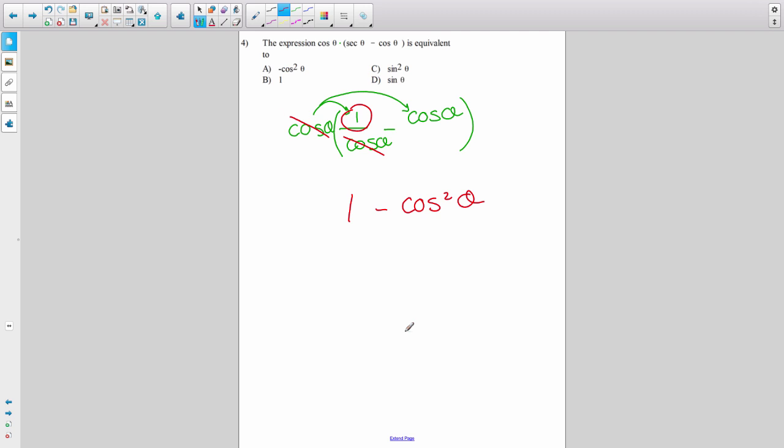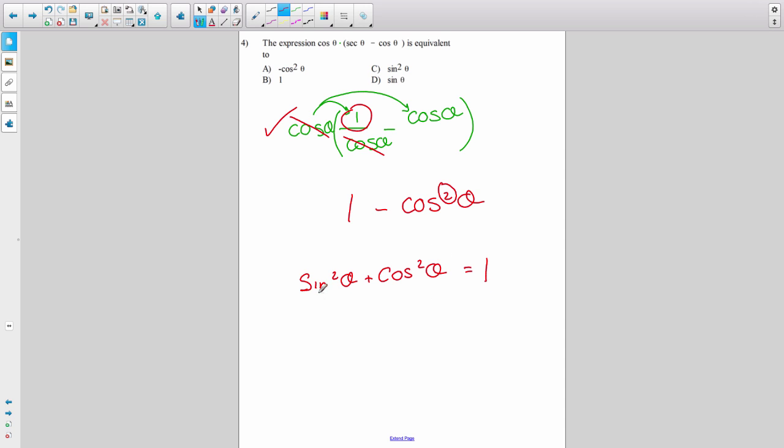Okay, so we took care of our multiplication. Now, we want to get everything down to its basics, sine and cosine, and wherever we see squareds, we always check the Pythagorean identities. So, the Pythagorean identity that has cosine squared in it looks like this. Sine squared theta plus cosine squared theta equals 1.